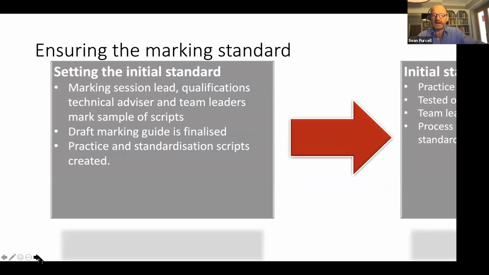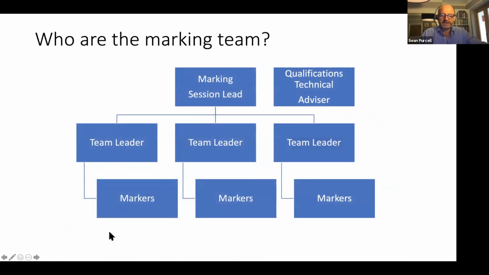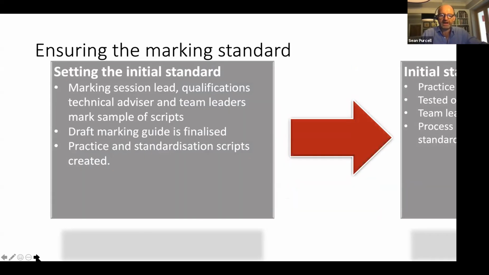Students then sit the exam, and their exam answers are then scanned and put on a marking database by a specialist software marking company. And the senior exam people we mentioned before, so just click back, the marking session lead and team leaders will review a sample of papers, and they will decide, because there might be things come up that hadn't been foreseen that students write, and they will then develop a marking guide which will be used by the markers.